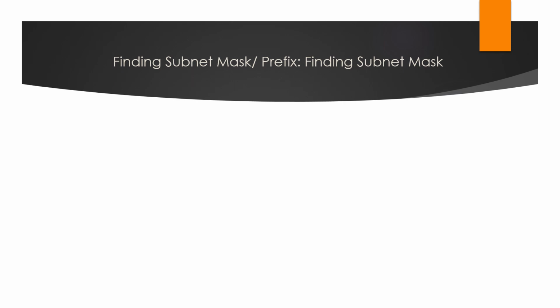And we know that the subnet mask is the same size as the IPv4 address with 32 bits, and it has 4 octets, and all the bits at the network portion for the subnet mask will be 1, and the bits at the host portion will be 0.